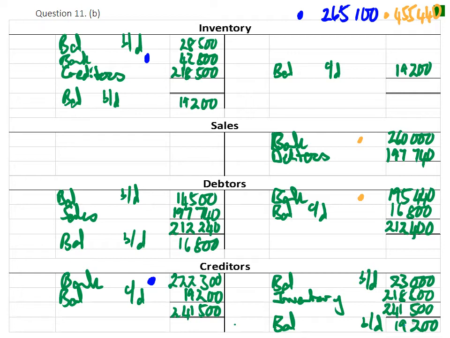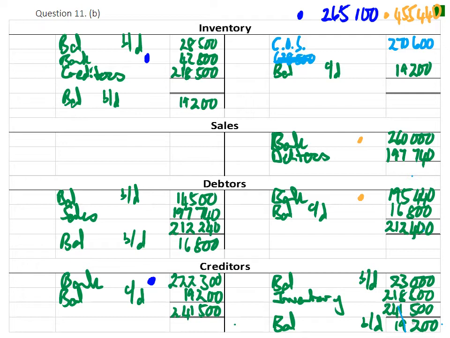There is a mistake in your solution. I just want you to take note of it. The cost of sales amount is supposed to be 270,600. In the solution, it shows as 320,600. Please fix that. The way you get that is you take your opening inventory, which is 28,500, plus the amount purchased during the year.